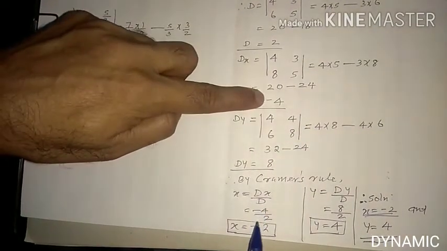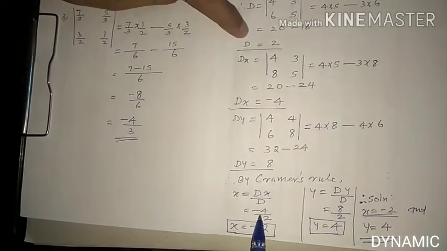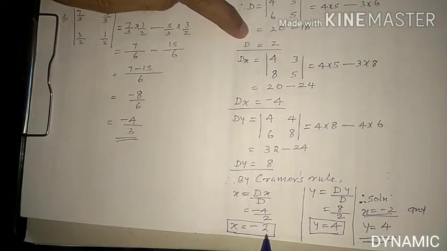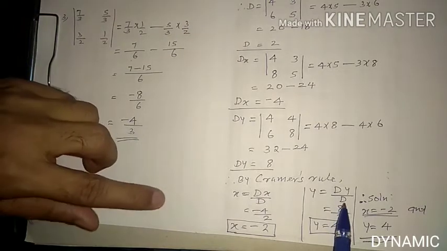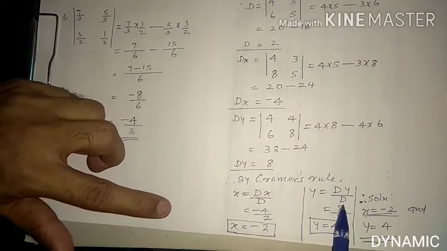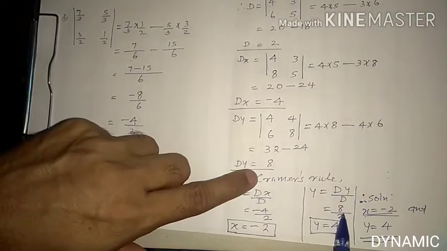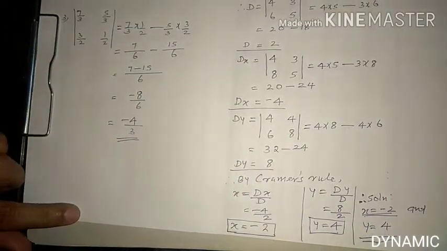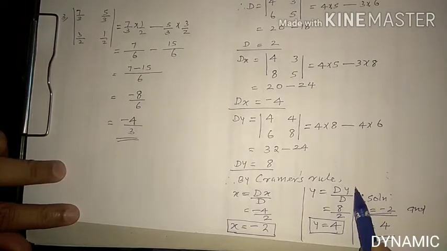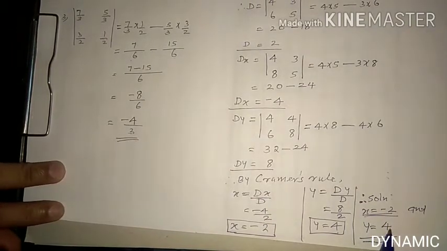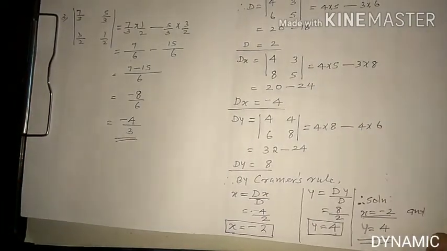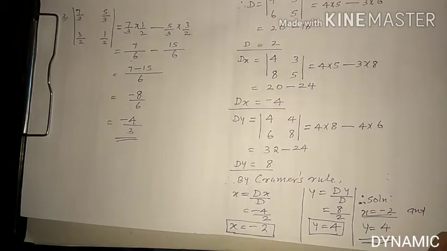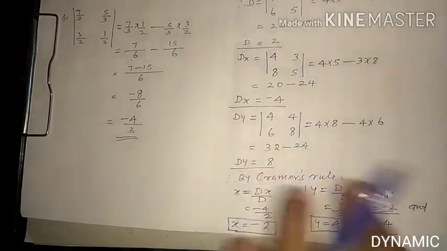Dx value we have minus 4 upon d we have 2. Minus 4 upon 2 is minus 2. Also y is equal to dy by d. Dy is 8, d is 2. 8 upon 2 is 4. Then we conclude this is the answer. X equal to minus 2, y is equal to 4. This is question number 3, second question.